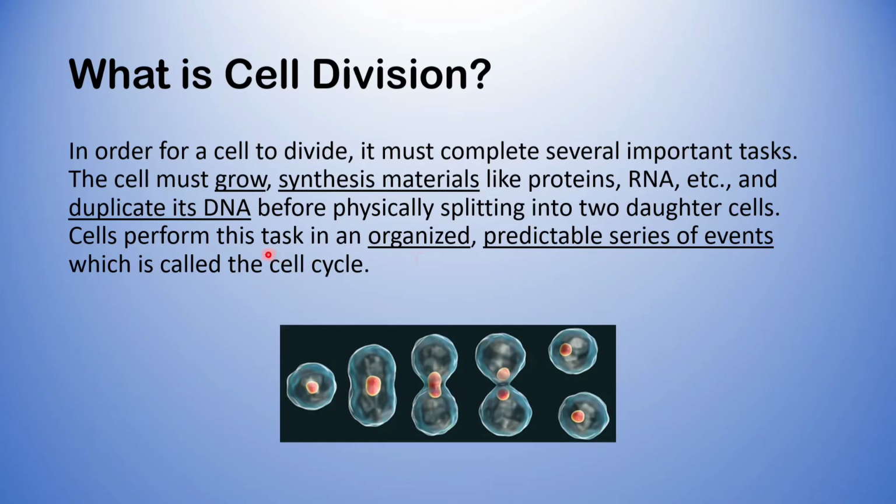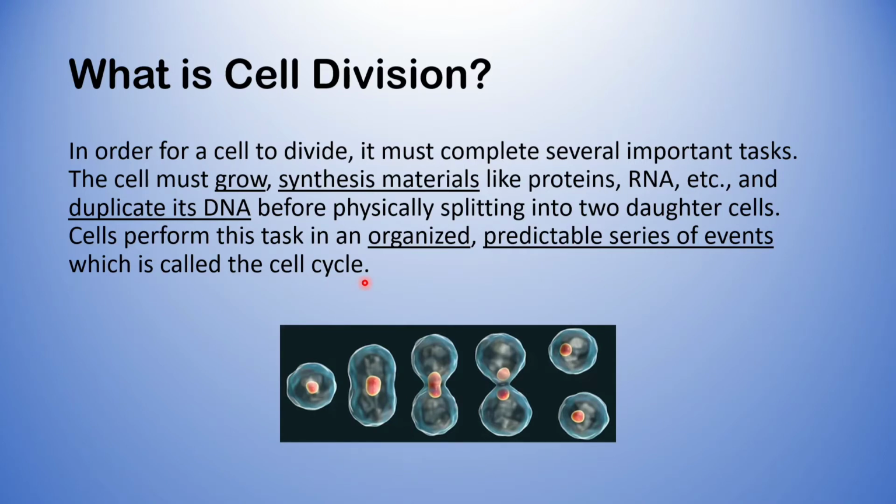Cells perform these tasks in an organized, predictable series of events, which is called the cell cycle. So what is the definition of the cell cycle?